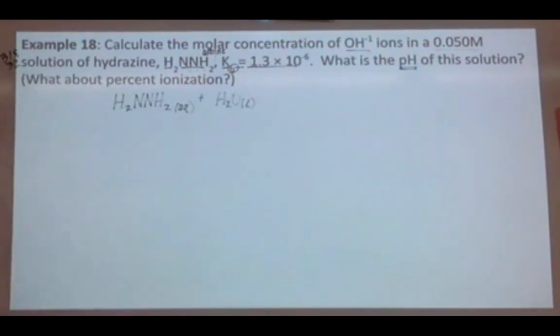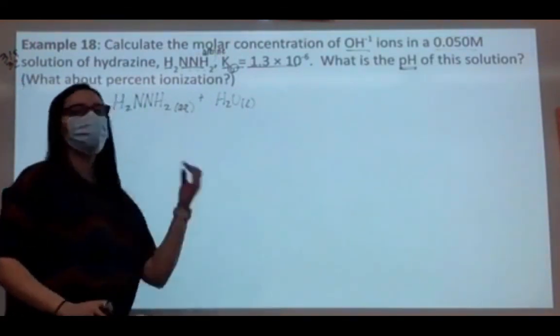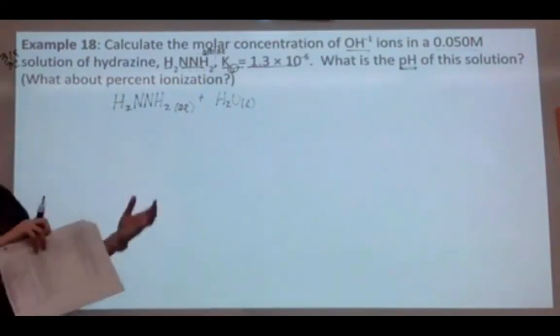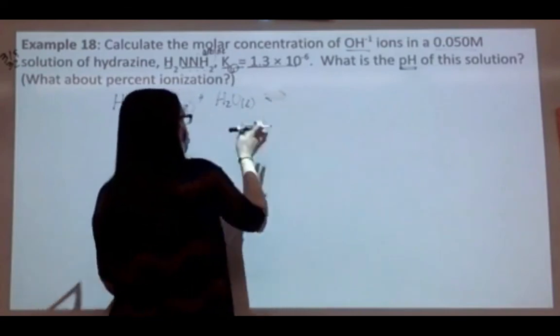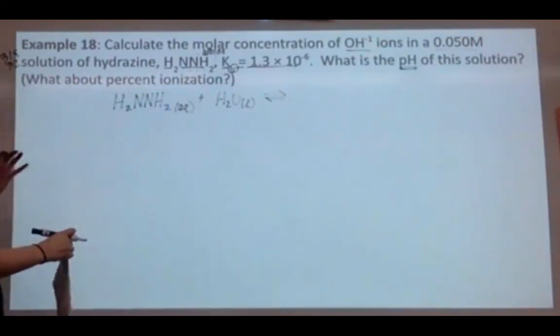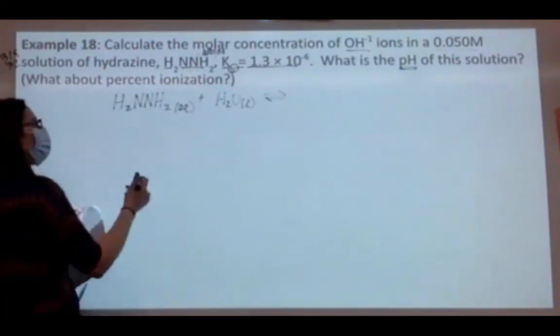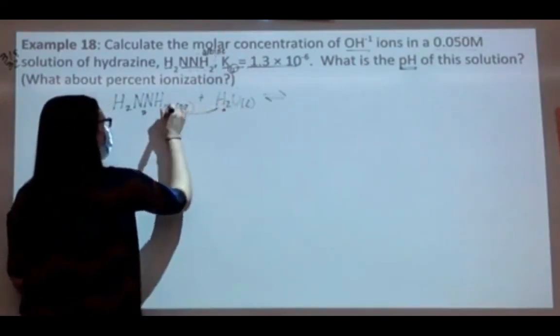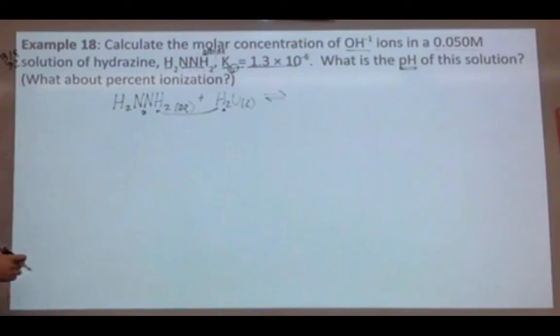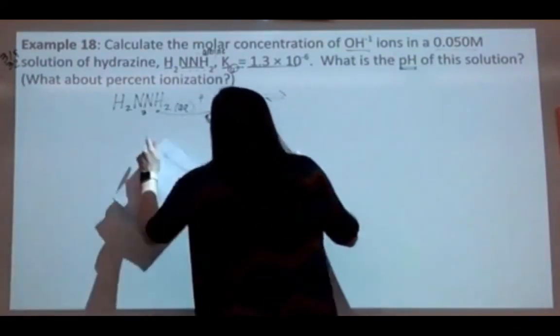With acids, it's up to you if you want to do plus H2O. If you do plus H2O, then instead of H plus, you're going to have H3O plus, right? And that means the same thing. With bases, you want to include H2O because that's where you're getting the proton from. If this is a base, water has to be the acid. And so it's actually going to accept a proton.